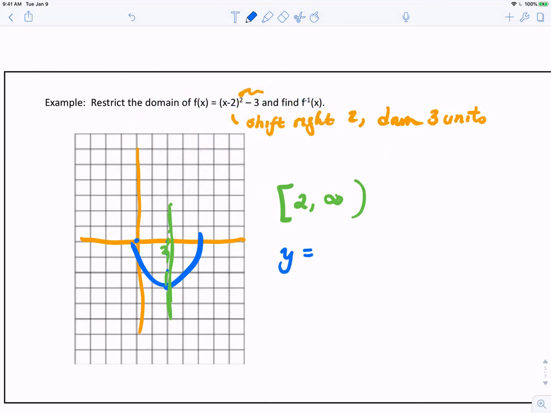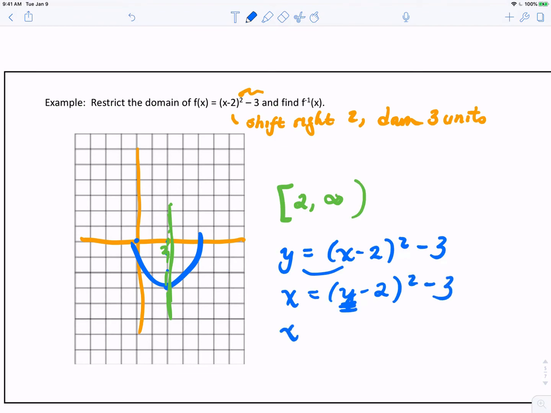y equals (x minus 2) squared minus 3. We're going to switch x and y, and now we're going to solve for y. We'll start by adding 3 to both sides.